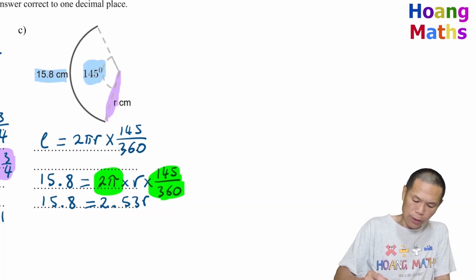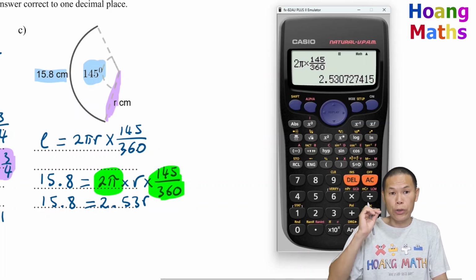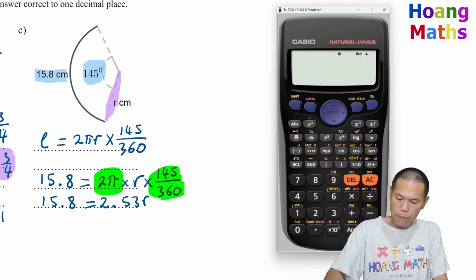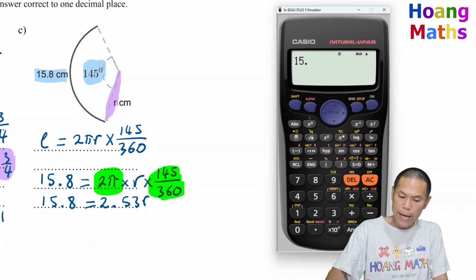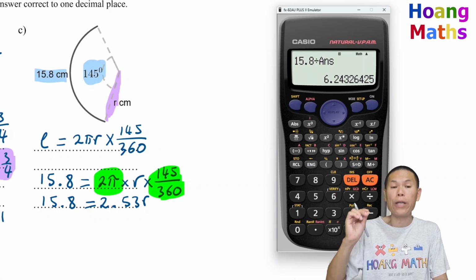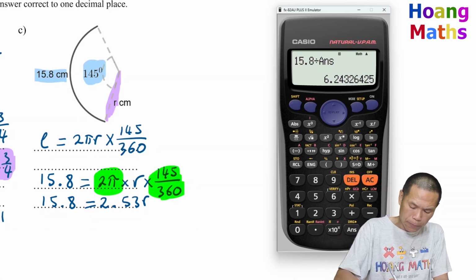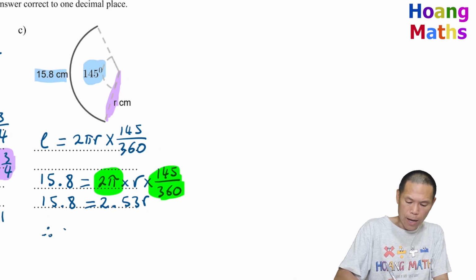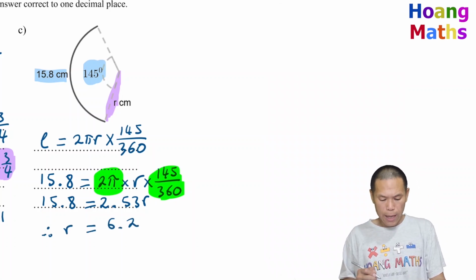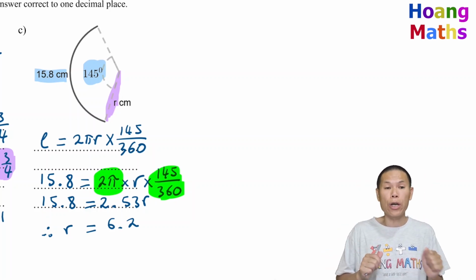So now we just divide by 2.53 on both sides. So I just go 15.8 divided by the answer. So there you go, 6.24 and so on. So 6.2, okay? So therefore, r is 6.2. That's the value of r. So there you go, and I hope you got it correct.